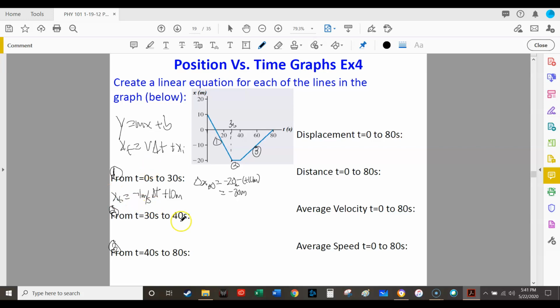It looks like this object has a slope right here of negative 1 meter per second.